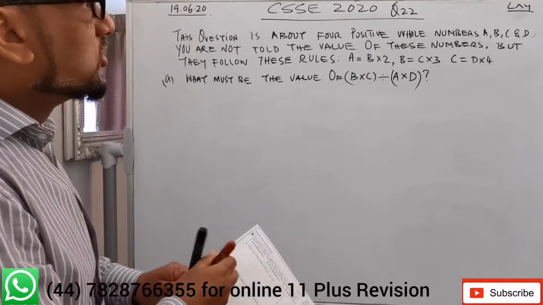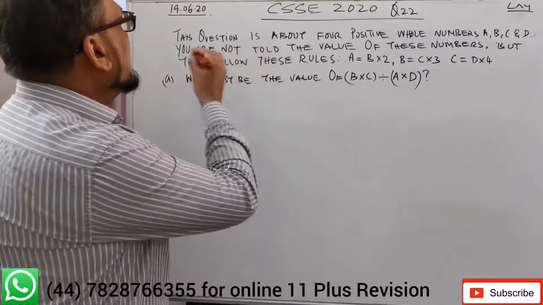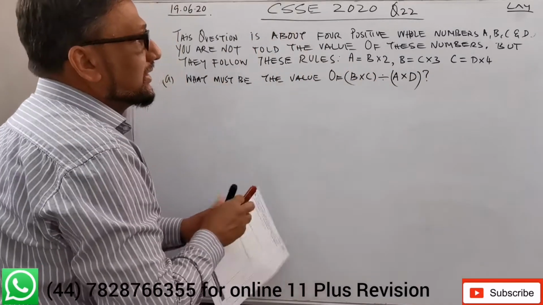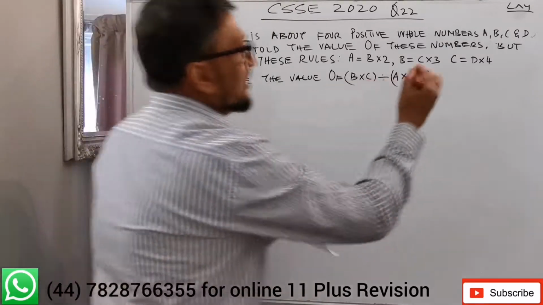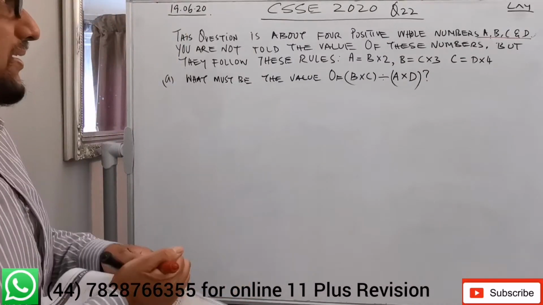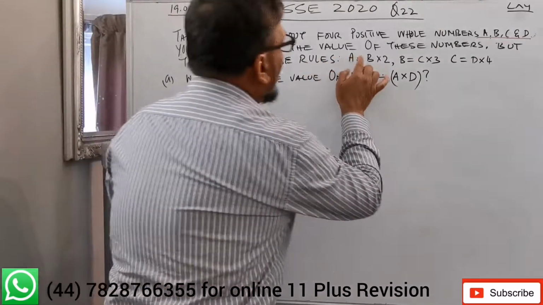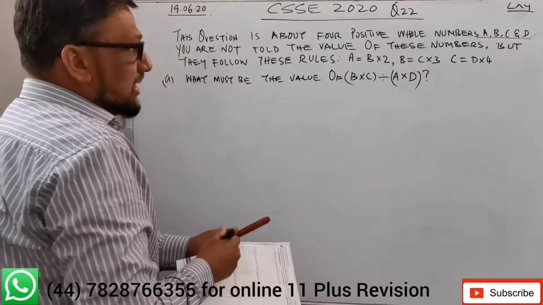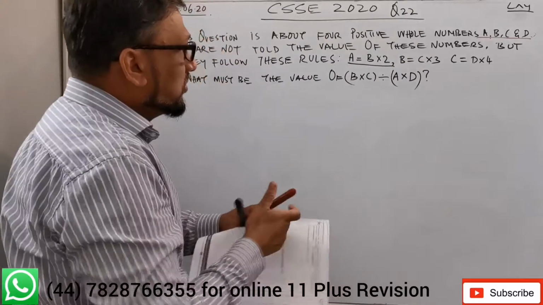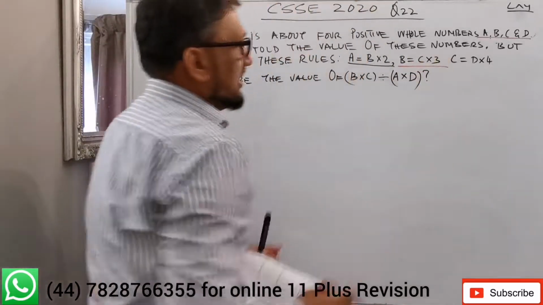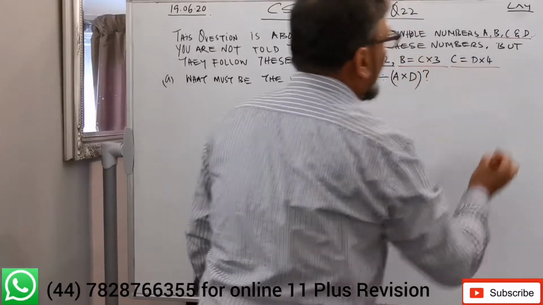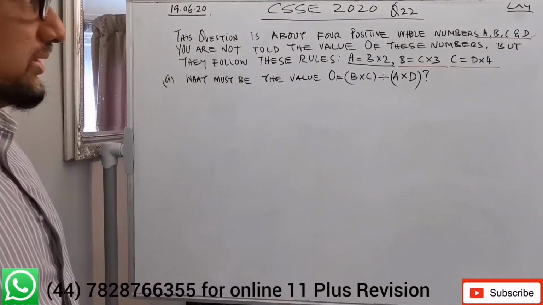So first we need to work out A, B, C and D. They are giving the rule: A equal to B times 2, B equal to C times 3 and C equal to D times 4.